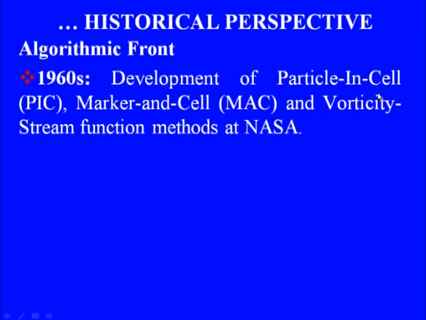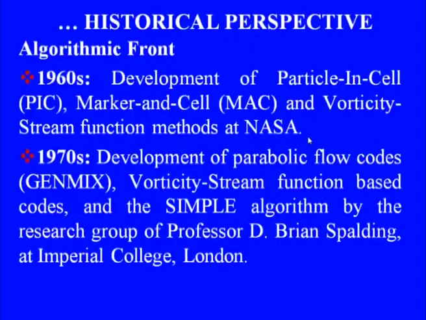The 1960s saw the development of the particle in cell method, marker in cell method, and vorticity stream function methods at NASA labs. In the 1970s, these developments spread further, and there was one research group led by Professor Brian Spalding at Imperial College London. They came up with the development of parabolic flow codes, which were named GENMIX. This happened in the early 1970s.